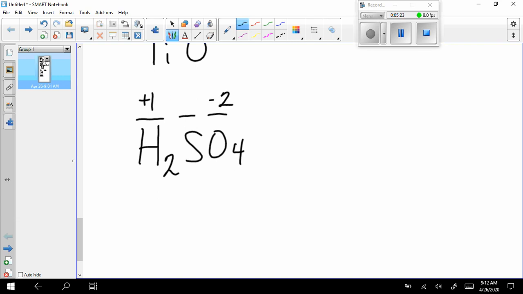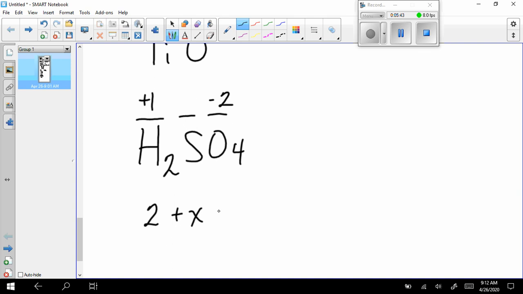So I'm going to call S my X, that I have to solve for. I have 2 atoms of hydrogen and they're each a +1, so I have 2 plus X, whatever this is for my S. And then I have 4 times -2.